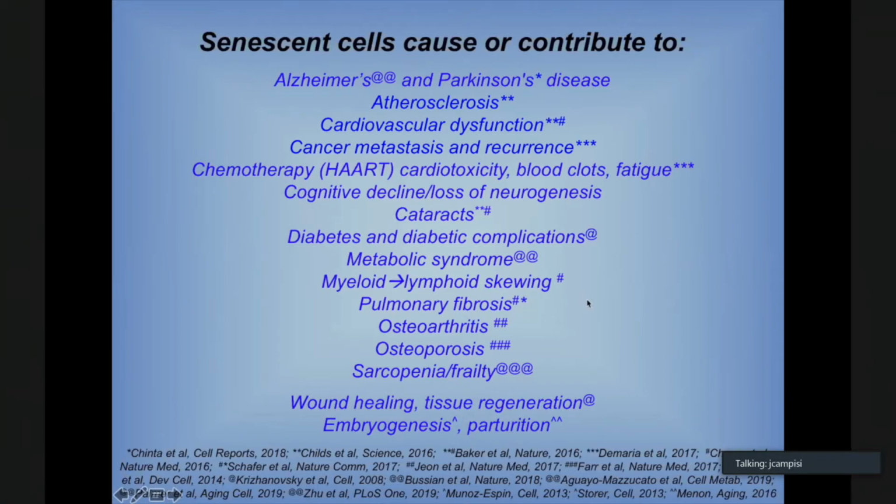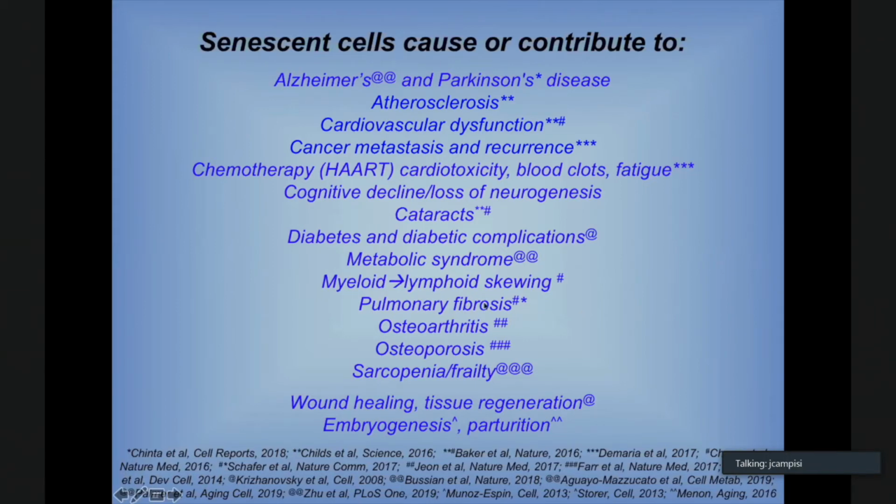In some cases, what eliminating senescent cells does is it delays the onset of the pathology. In other cases, it reduces the severity of the pathology. And in a few cases, for example, osteoarthritis, it actually can partially reverse the pathology.